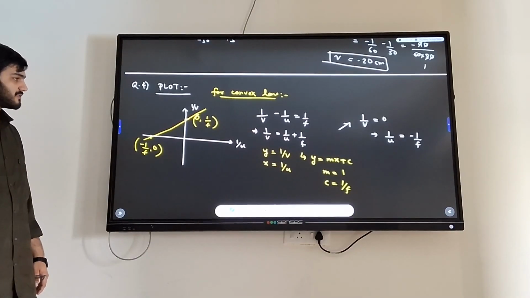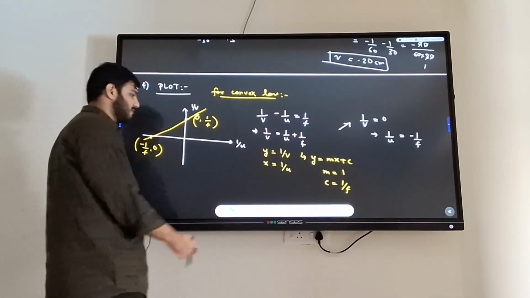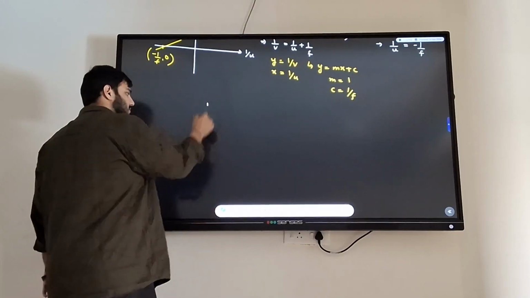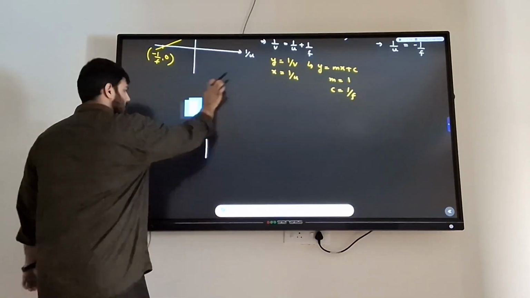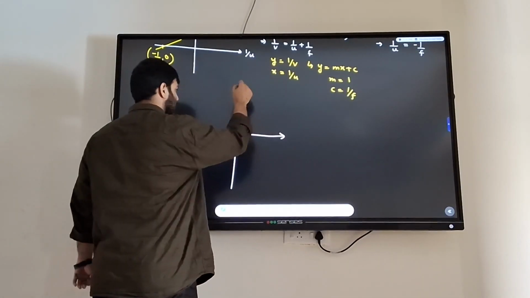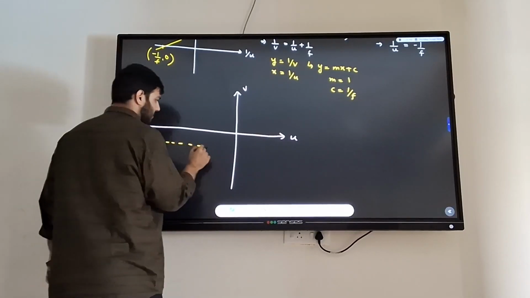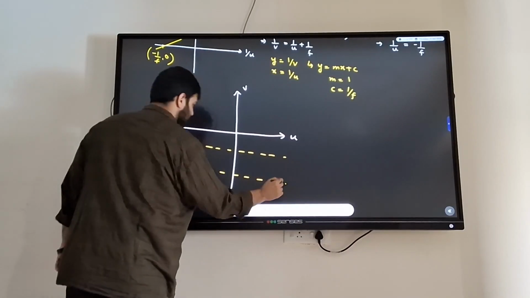1 by v versus 1 by u. Let's try to look at the more interesting graph, that is v versus u. So let me make some asymptotes. One of the asymptotes is this. The other is this.